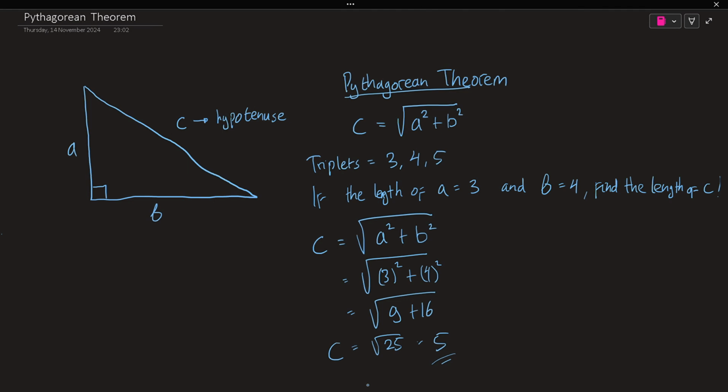And this triplet also applies for any multiplication of the triplet. For example, if we change the value of A to 6, and B, the new value of B, is 8, now we need to find the length C. I will show you that it's going to be the same in correlation to the triplet. Now A is 6, so it's 6 square plus 8 square.